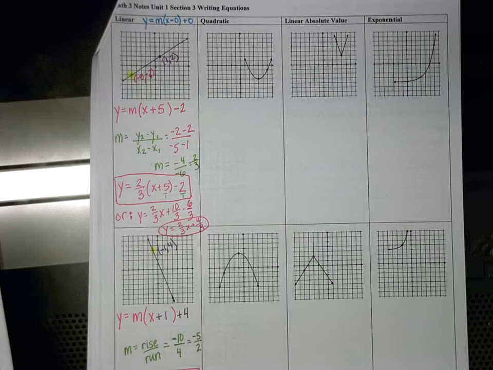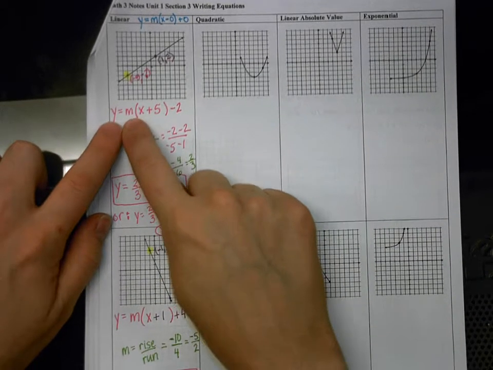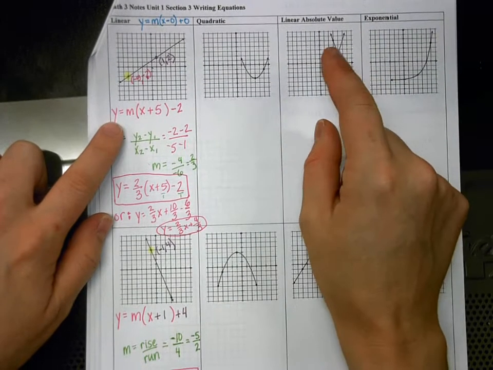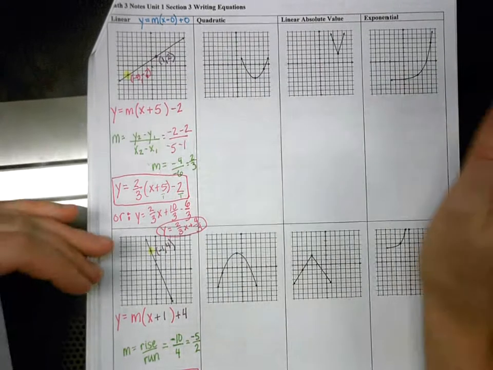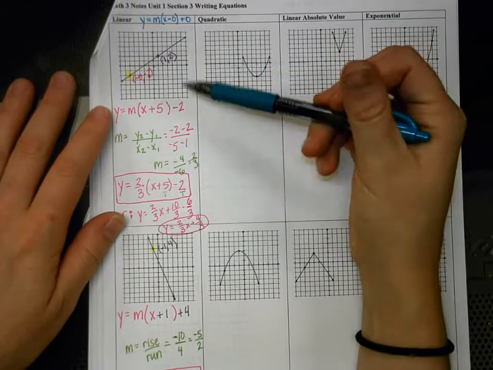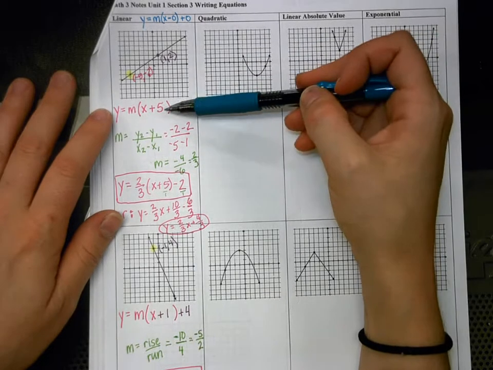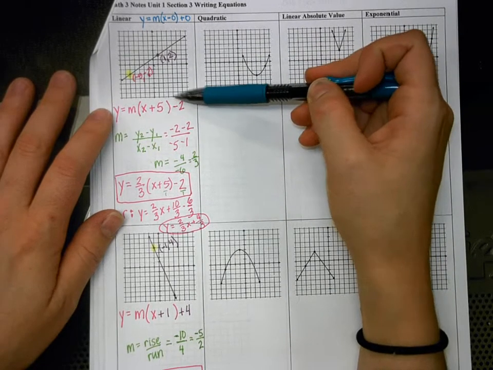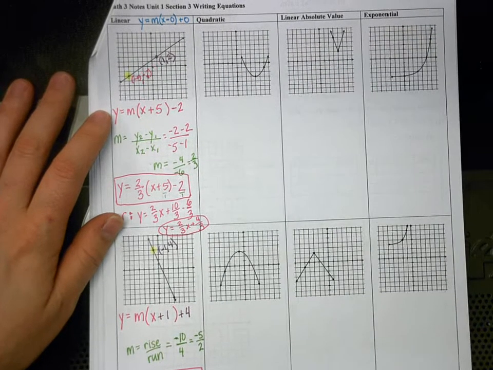Same idea, except we don't have a slope, so we can't count up 1 over however many. And we'll have an exponent of 2 because it's quadratic.